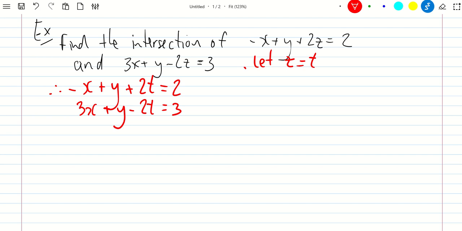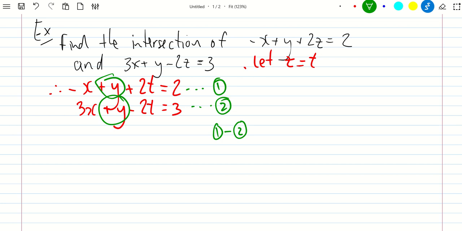So looking at these simultaneous equations, what can we do here? Well, both of the two equations have plus y in them, so we can do an elimination here. If that's equation 1 and that's equation 2, we could do 1 take away 2. Okay, so negative x take away 3x is negative 4x.